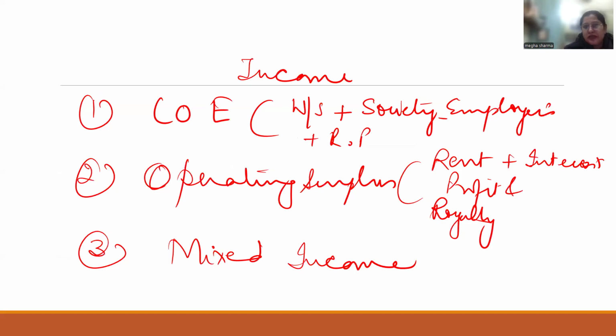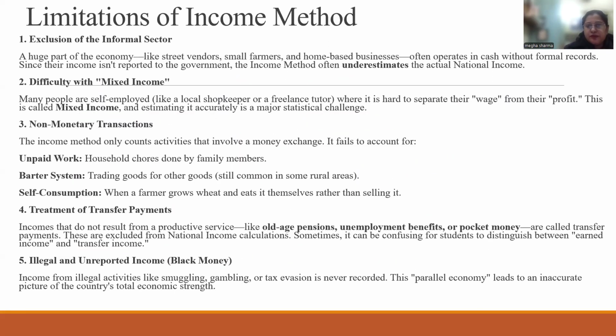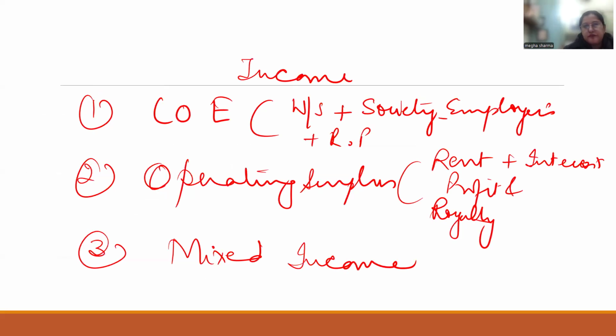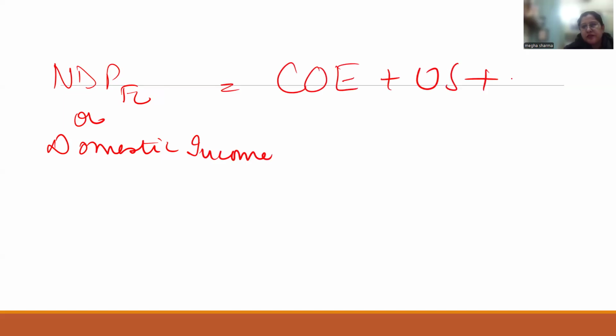So when we add these three components, we come to NDP at factor cost, or I can say it's domestic income. It includes compensation of employees plus operating surplus plus mixed income.